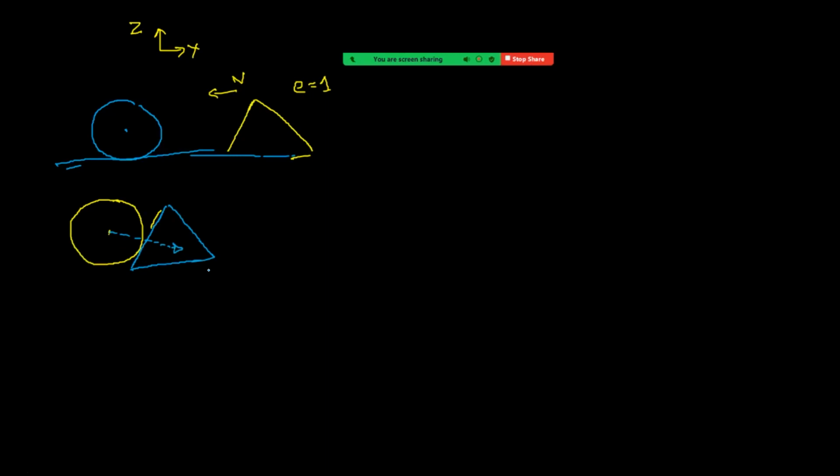It is like this, that is F. And let us say this is now the centroid. Now see what happens. The condition given is that it is an elastic collision. Therefore, velocity of approach and velocity of separation both have the same magnitudes.